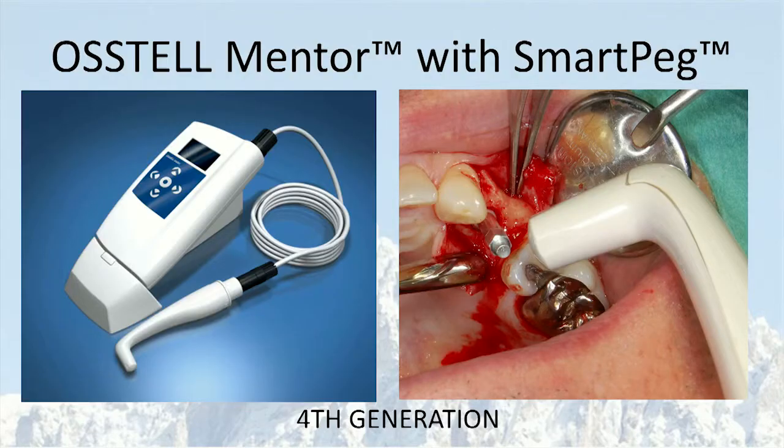So there was a need for developing the technique. And I think this was a really nice thing when Anders came up with the first generation, which is called the Osstell Mentor, where we were using a smart peg. And this is a small peg which can be placed on any implant in any situation. And it's excited with electromagnetic pulses, and the resonance frequency of the peg is measured with this transducer.